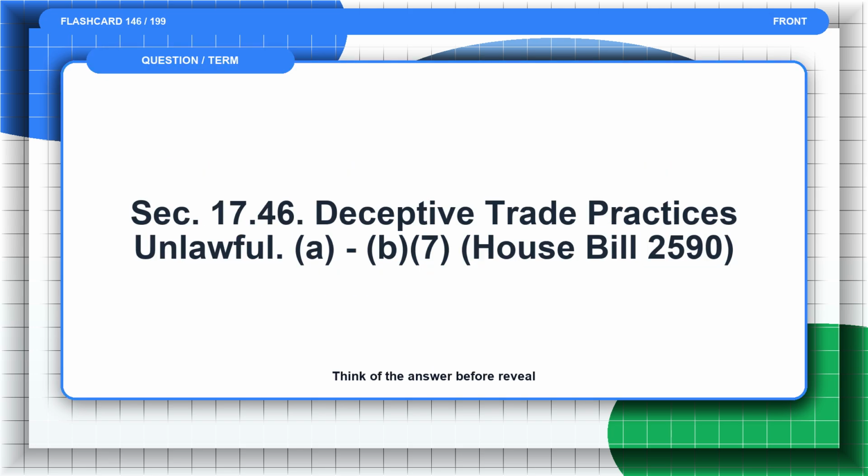Flashcard 146. Sec. 17.46. Deceptive trade practices unlawful. (a)(b)(c) House Bill 2590. Pause and think of the answer before the reveal.